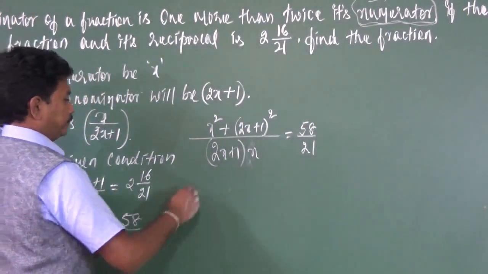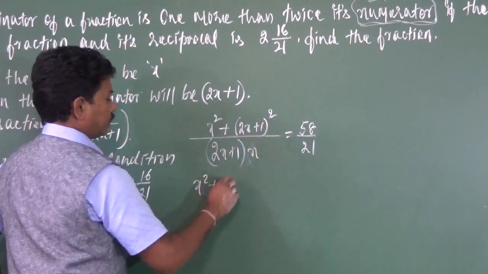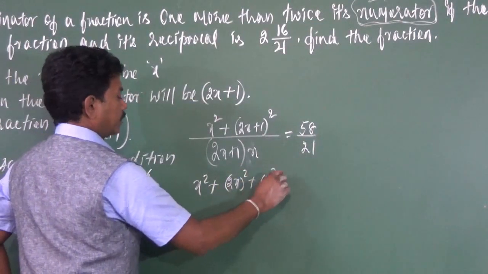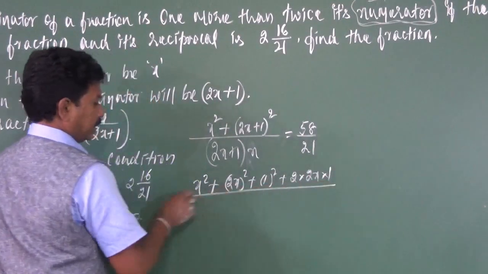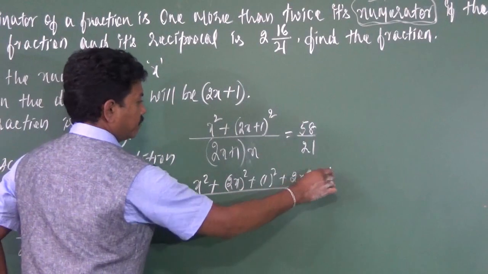Okay. So now x square plus 2x plus 1 whole square is in the form of a plus b whole square, so this can be written as a square plus b square plus 2 into a into b.